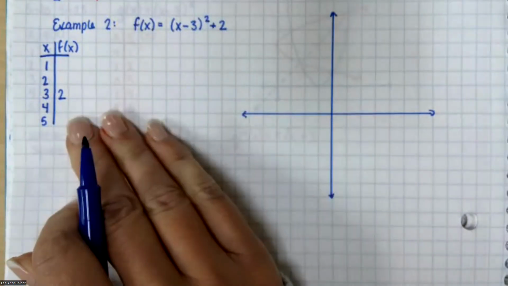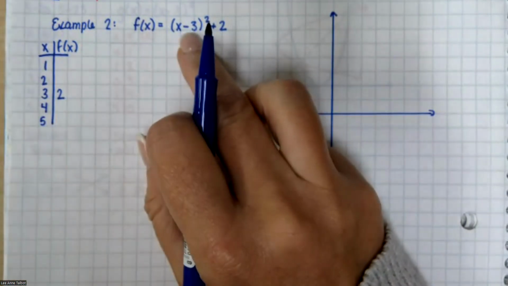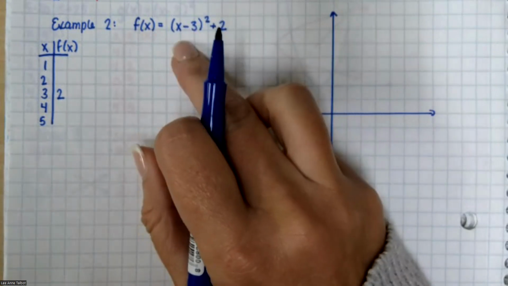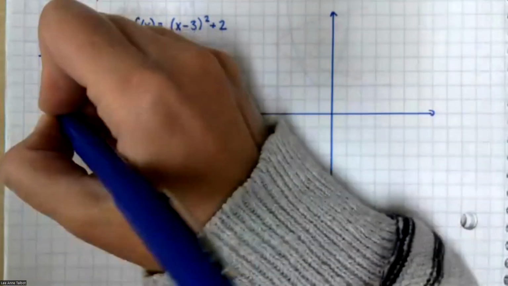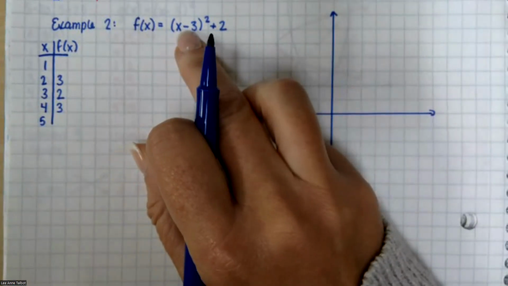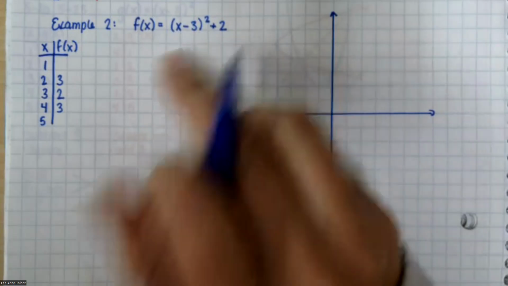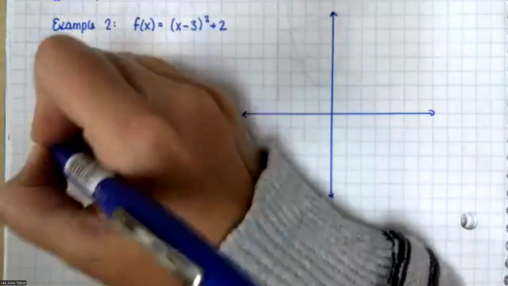And this one I could kind of cheat and use symmetry because it's squared. So 4 minus 3 is 1. 1 squared is 1 plus 2 is 3. 1 minus 3 is -2. -2 squared is 4 plus 2 is 6.